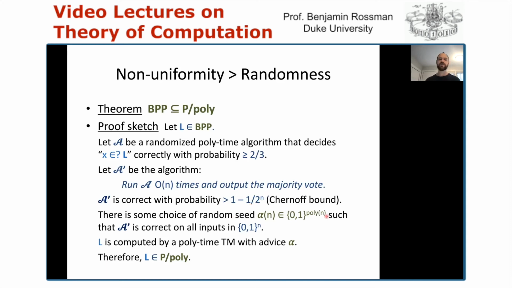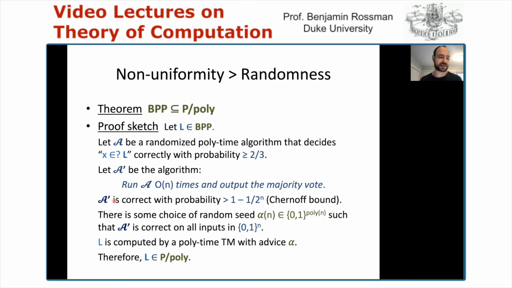Okay, so we can take some error 1/3, and we can reduce it all the way down to exponentially small error by just repeating the randomized experiment some order n times with independent randomness each time. So this is still a polytime randomized algorithm.